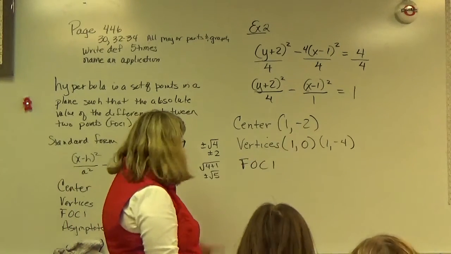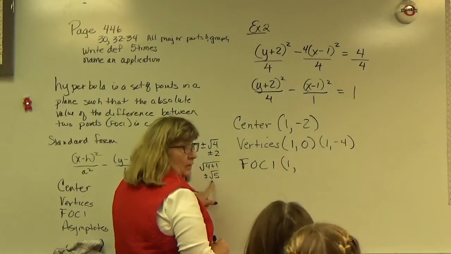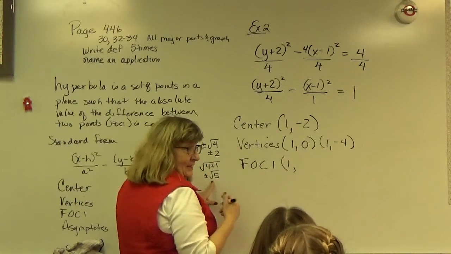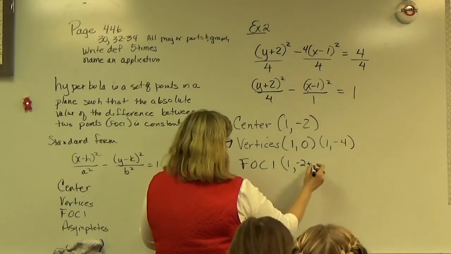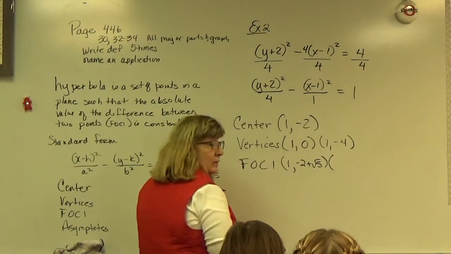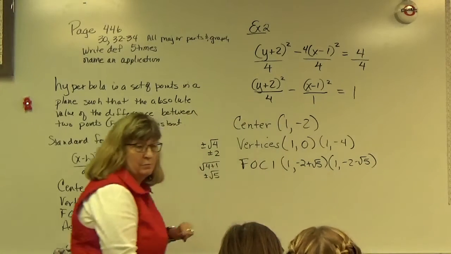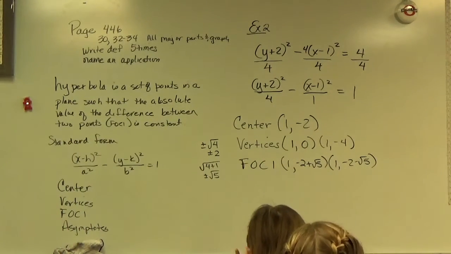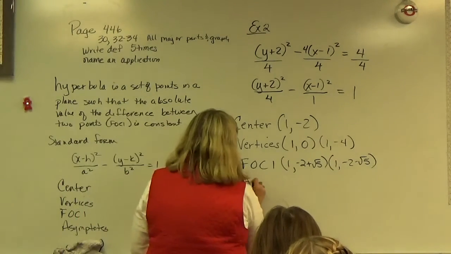So what will my first one be? Plus the square root of 5, because what's the other one gonna be? Minus. So he took care of both of them for us. You add it, you subtract it. Add it, subtract it.